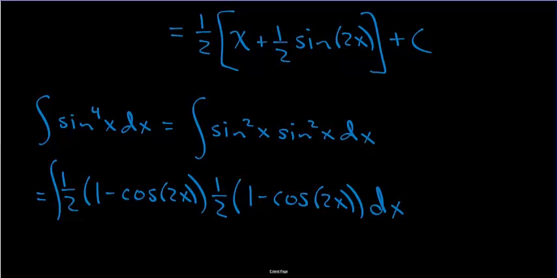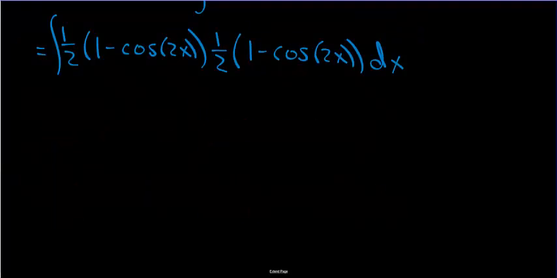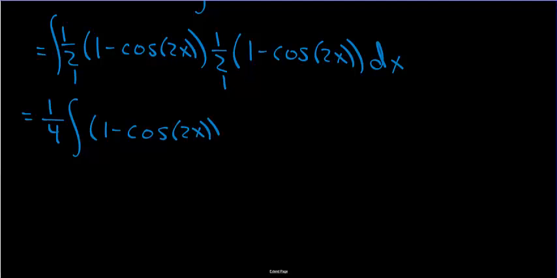Okay. Now, notice here I have a 1/2 and a 1/2. So that's 1/4, which I'm going to factor out. And now I have these beauties, right? Well, now we need to multiply that out.